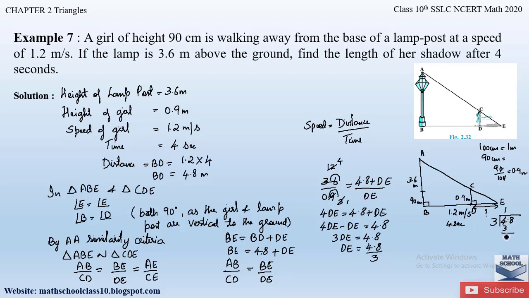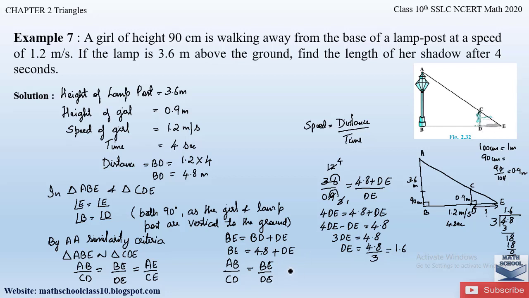Okay, so 1 is left and 8 comes down. 3 6s are 18. 0. Since we have 4.8, we will add a point after one in the quotient, since the dividend has also a point. So therefore we got DE is equal to 1.6. DE is nothing but the length of the shadow of the girl.